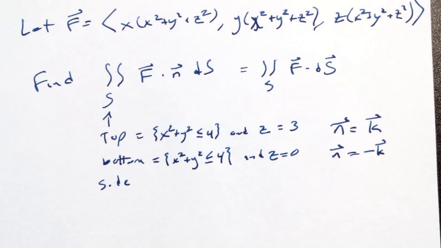The side. Oh, because now my normal vector is going to be different in different directions, right? How am I going to describe the side of this cylinder? What function?